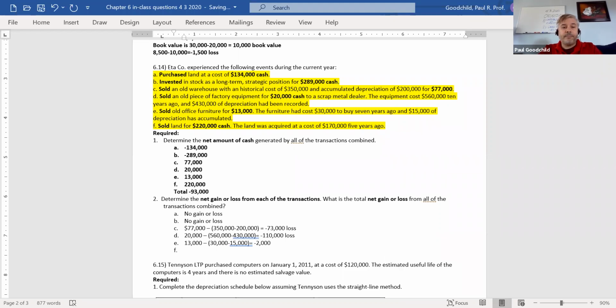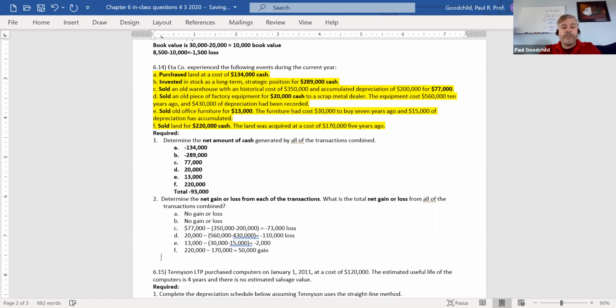F is land. We had 220,000 in proceeds minus our 170. Remember, land doesn't have accumulated depreciation, so that's a $50,000 gain.